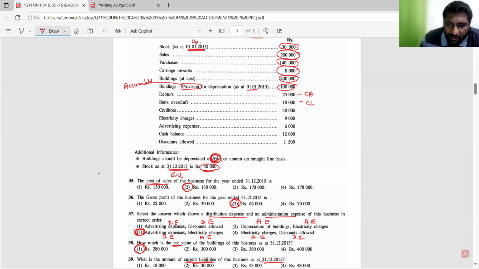Overdraft is a current liability. Creditor is a current liability. Electricity charges is an admin expense. Advertising is a distribution expense. Cash balance, current asset. Discount allowed, distribution expense. So how much are the current liabilities that we have? 18,000 and 30,000, 48,000.